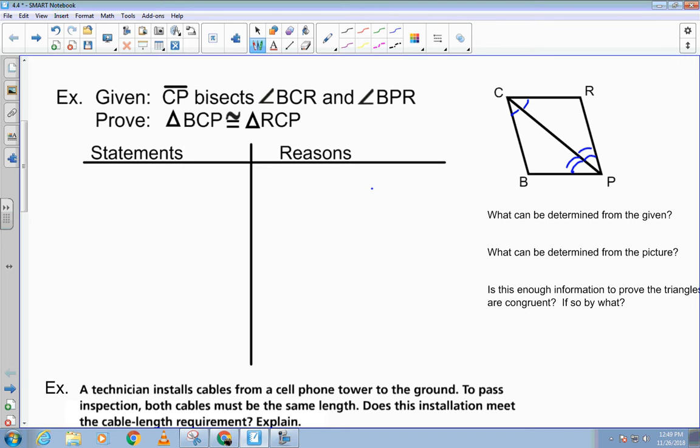Okay. So when you work through proofs, you want to first ask yourself, what can be determined from the given? Okay. And we got the bisector, which equals congruent angles, right? So we're going to state here that we know that these two angles are congruent. Those two are congruent. You also want to say, okay, what can you get from the picture? Now, when I say that, you want to look for, do they share anything?